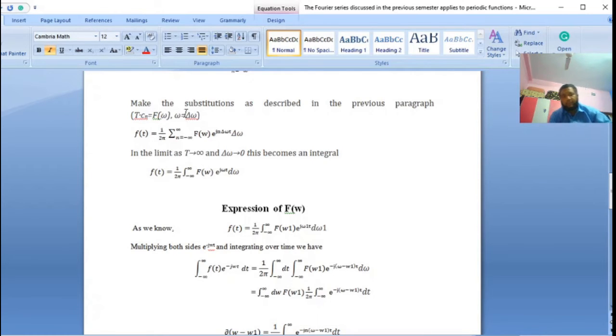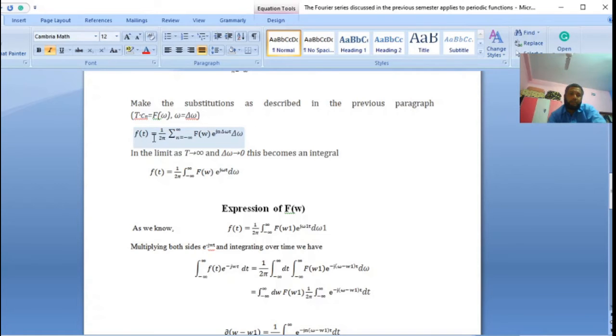What is the delta omega? It was the fundamental frequency, the frequency of the first harmonic, and the frequency of the second harmonic is 2 omega. Similarly for the third harmonic, 3 omega. So the difference between two successive harmonics is nothing but omega, that is delta omega. So I replace omega in terms of delta omega.